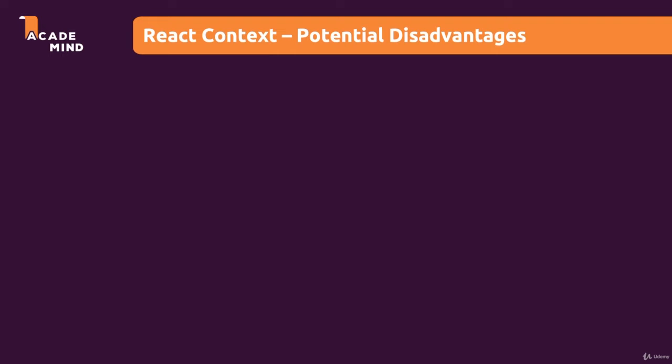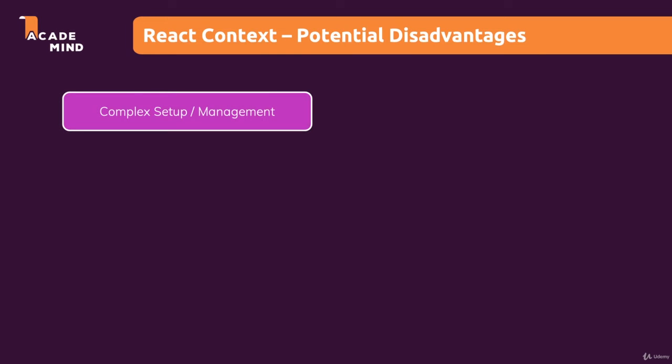One potential disadvantage is that with React Context, you can have a very complex setup, and managing state with React Context can become quite complex. And that definitely depends on the kind of application you're building. For a lot of small or medium-sized applications, that will very likely not be a problem.